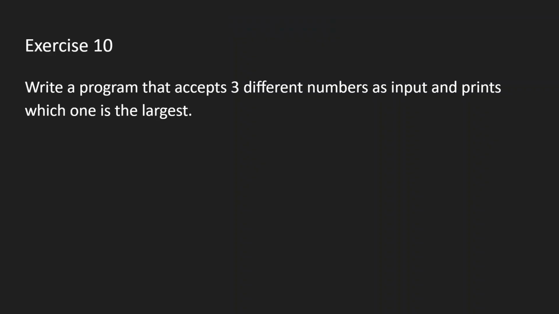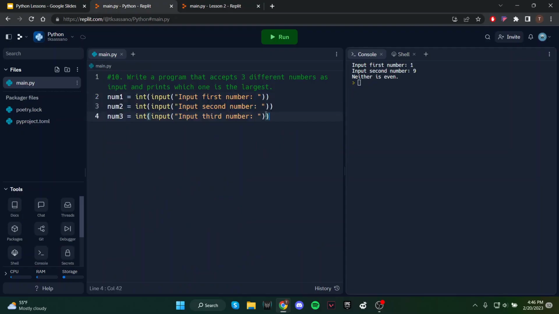Write a program that accepts three different numbers as input and prints which one is the largest. So we'll just get three number inputs here, and we have to use conditionals again. So first we'll check if num1 is greater than num2 and num1 is greater than num3. Then we'll print num1, I'll use an F string, is the largest.